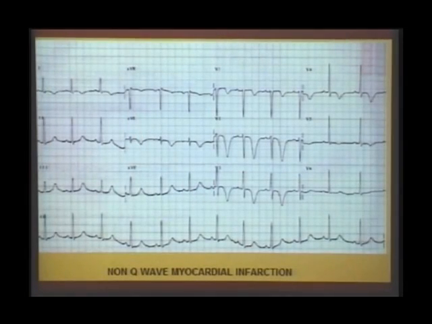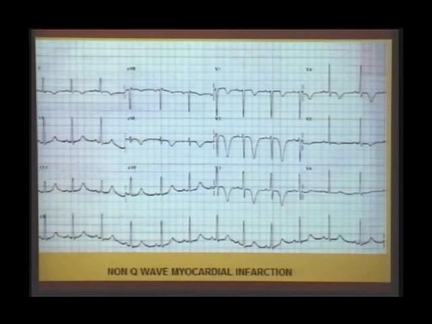So there is no ST elevation and no Q wave, but only symmetrical T wave inversion. For the 3 days of chest pain, the patient comes to you and you do a troponin, and the troponin is positive. Then only it becomes a non-Q wave myocardial infarction.